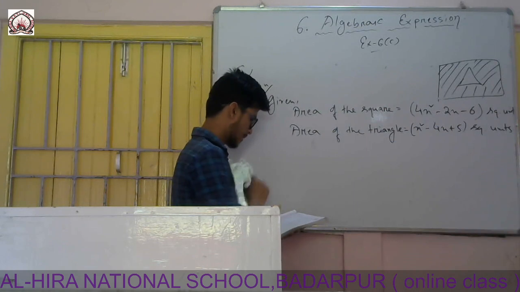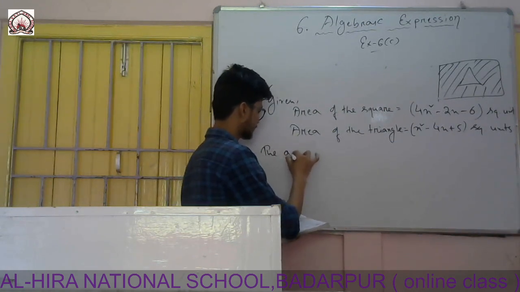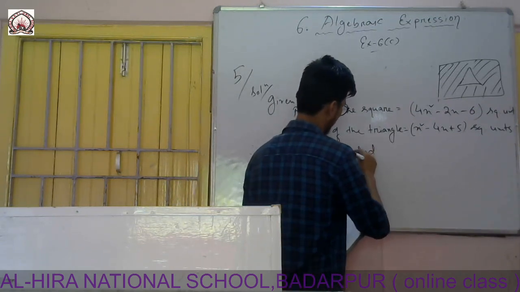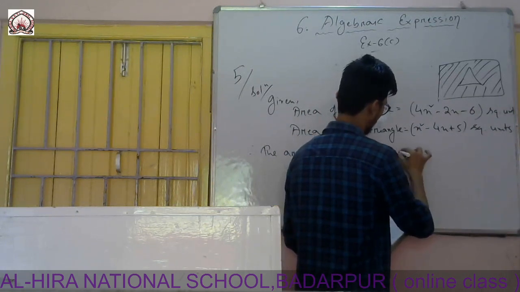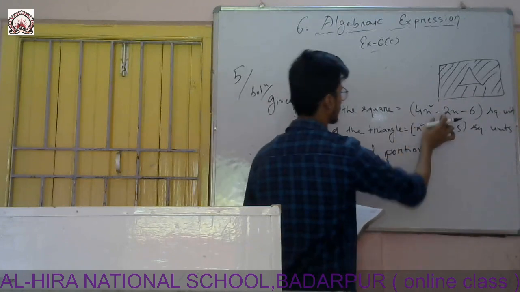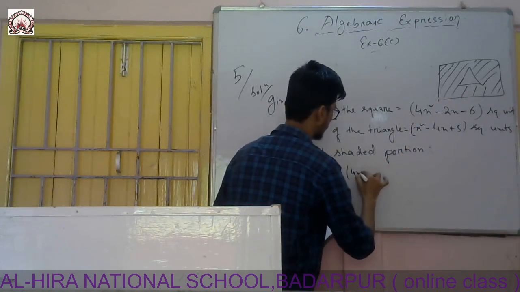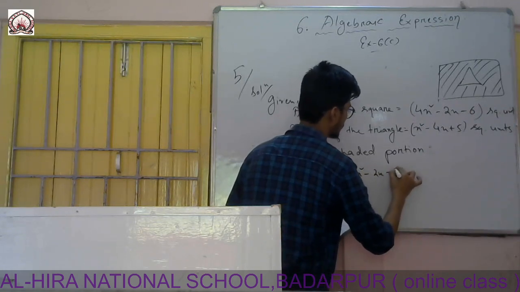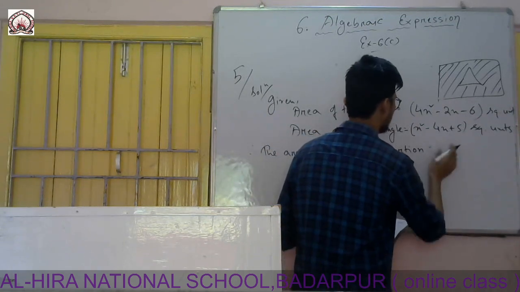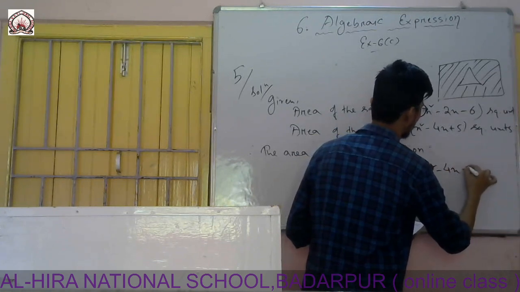So you write, therefore the area of shaded portion is equal to, I will subtract from the area of square. So let me write it here. 4x square minus 2x minus 6, and I will subtract the area of the triangle, x square minus 4x plus 5.